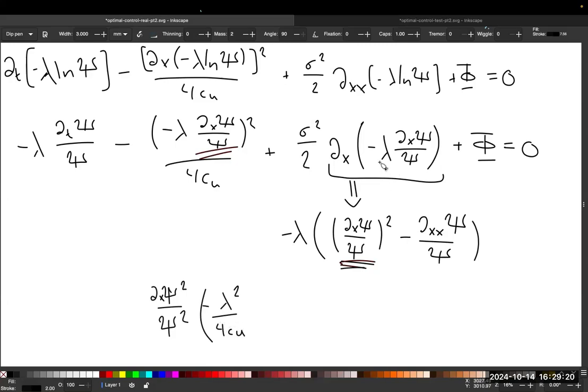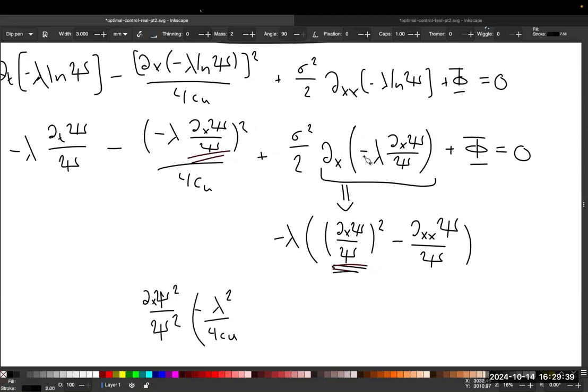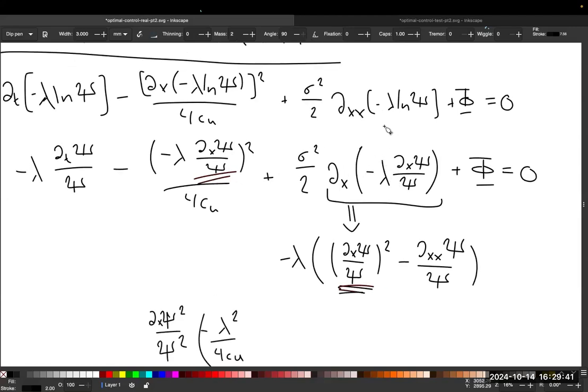Let me see where I made the mistake. I think it was originally negative lambda, and when I took that first derivative, I should have gotten two negative signs.